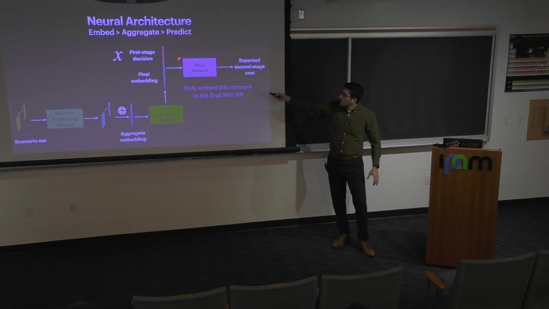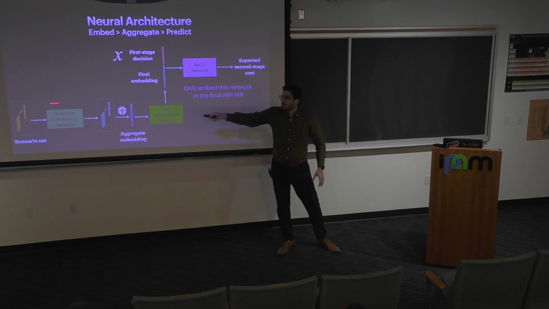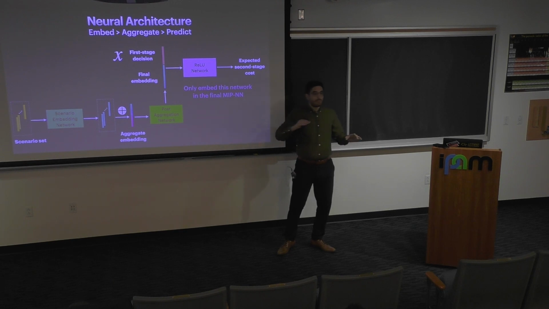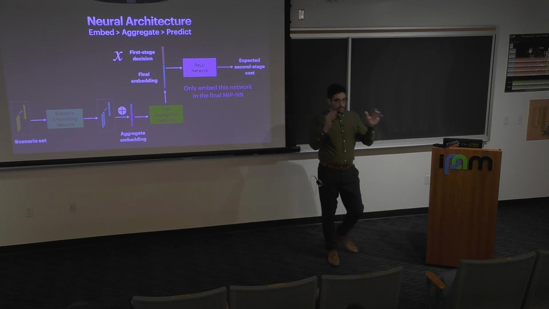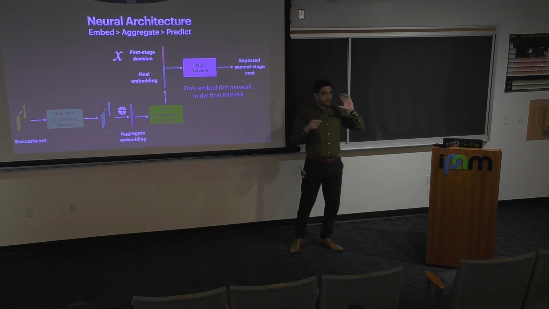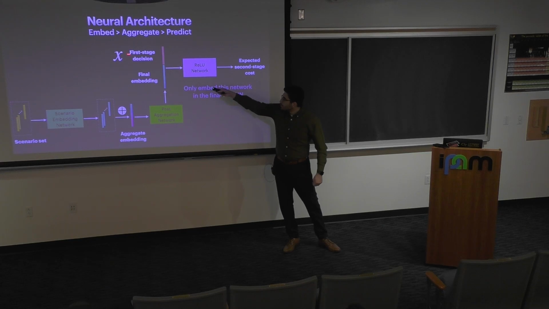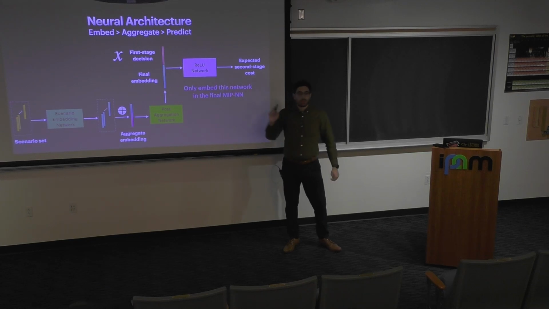This is the only thing you need to embed in the final MIP, in the surrogate MIP. You don't need to embed any of these neural networks. These, you can think of them as preprocessors. You give me the set of scenarios, I run them through this, I spit out a fixed vector that represents that set of scenarios. And then I only need to optimize the first stage decisions over this network.